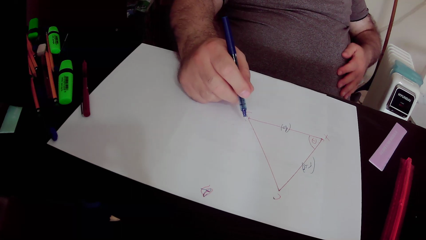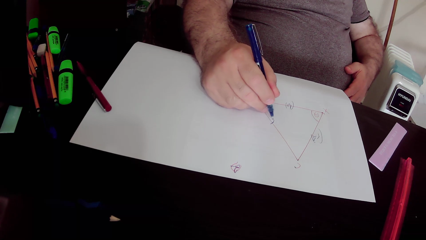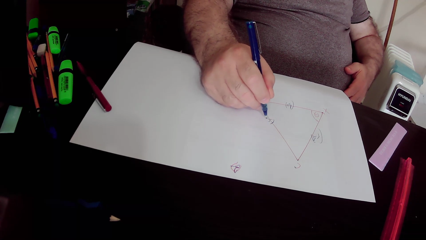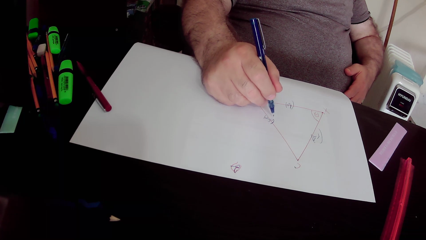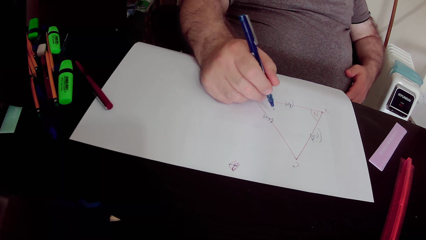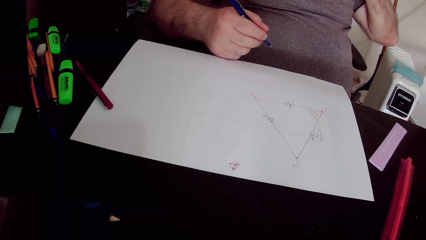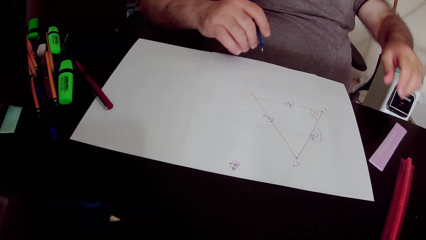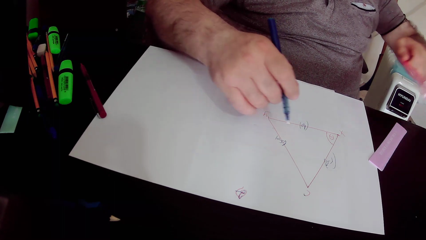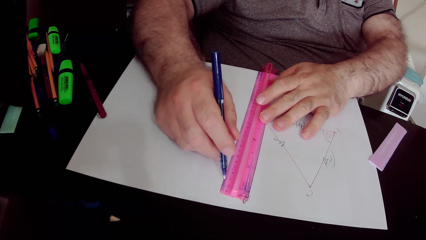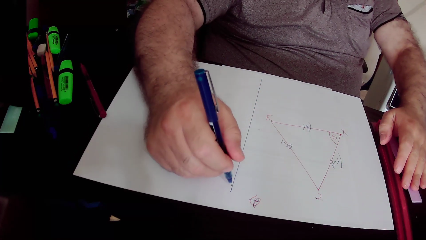And we already found out that CY equals 15 minus R. So, according to the law of cosines, if we implement it on triangle CXY, this will be equation number 1.